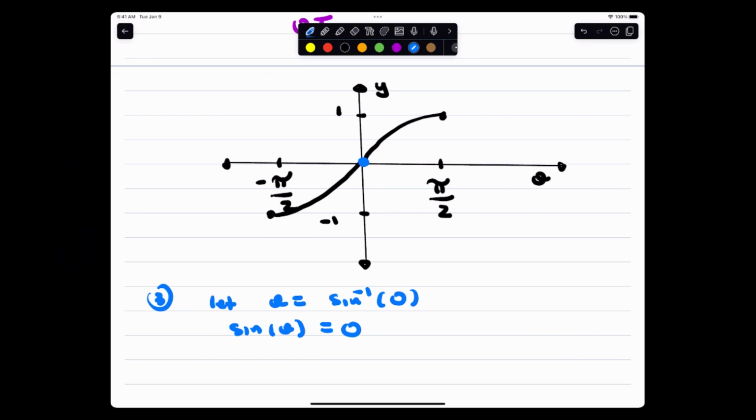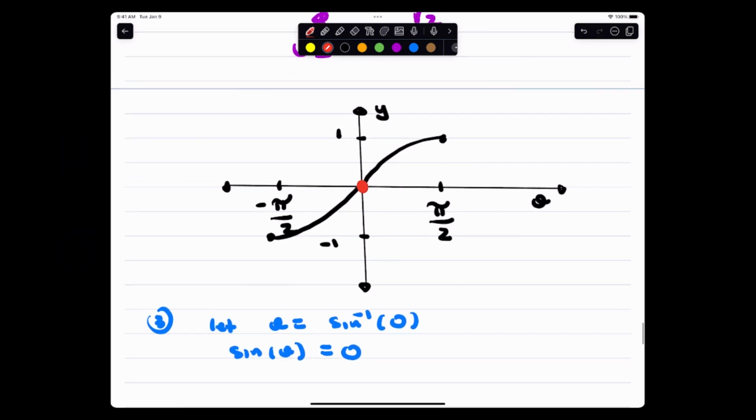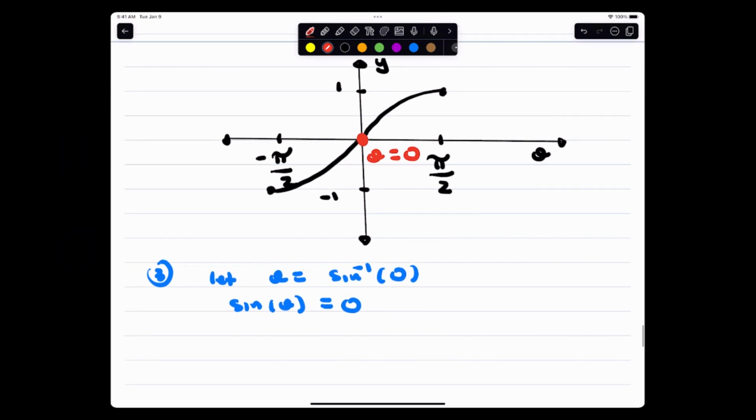Well, I have been preparing you guys to find intercepts for sine. Where is that going to be? Theta equals what? 0. So you just answered the question. That means theta is what? 0. 0 degrees if you want to have that, or 0 radians.